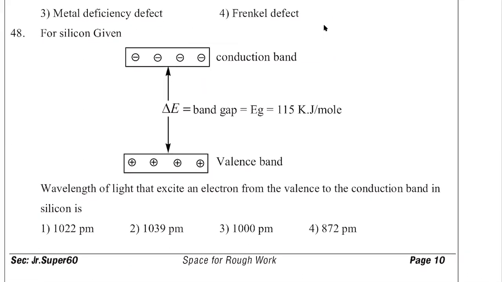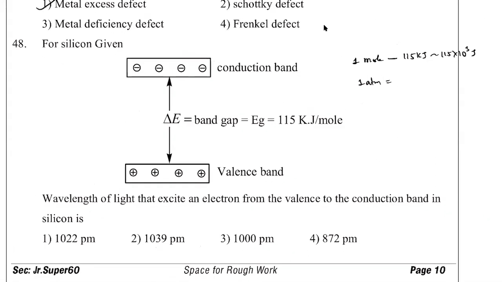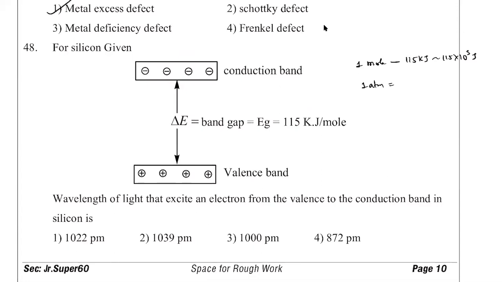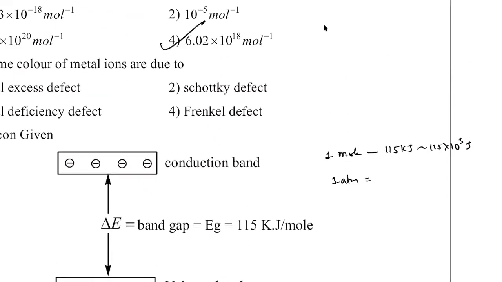So we just need to put in the values and get it. It is per mole given. So 1 mole is giving 115 kilojoules of energy, which means 115 into 10 raised to the power of 3 joules. For one atom, I have to check the number of electrons. If one electron has to go from valence band to conduction band, then what will be the number of atoms?